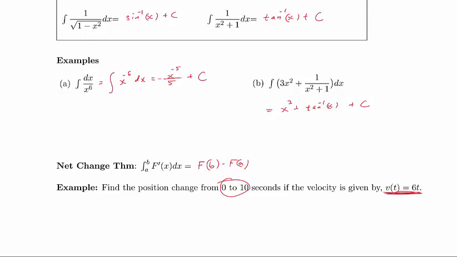All right. So this is a net change theorem. So we're going to set this up because note the integral of the velocity is simply going to be the position function.